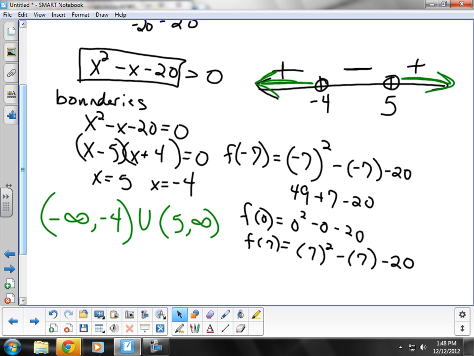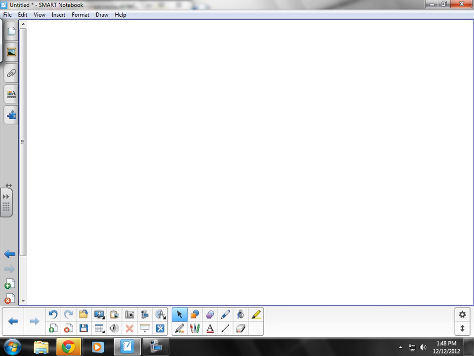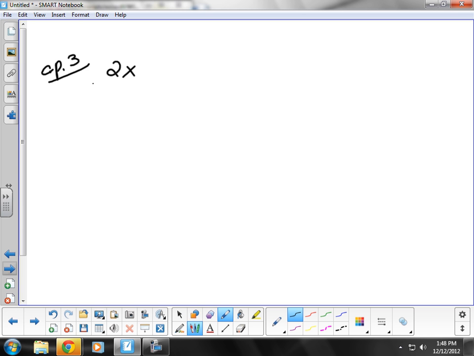So let's look at checkpoint 3. This is the second objective, when we do this with a rational function as opposed to a polynomial function.